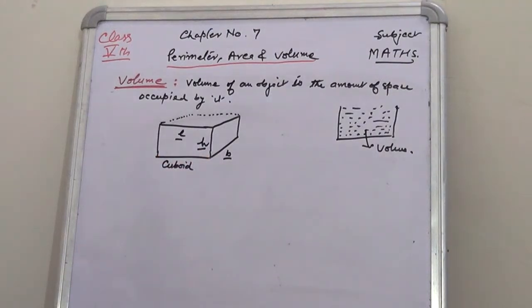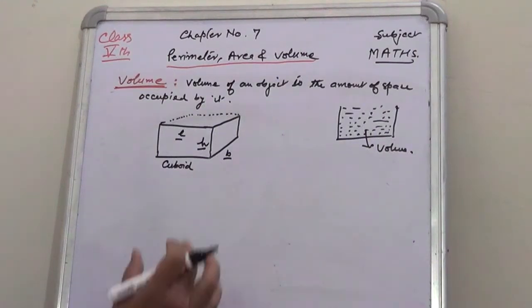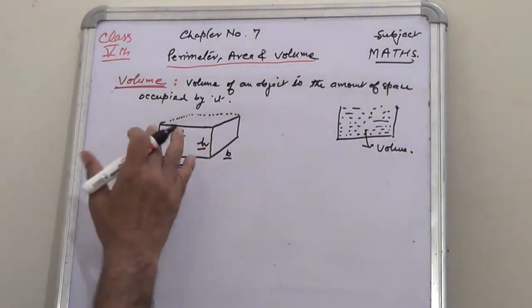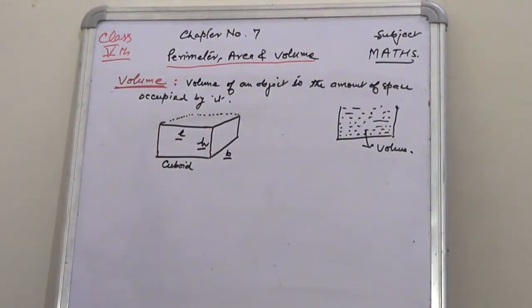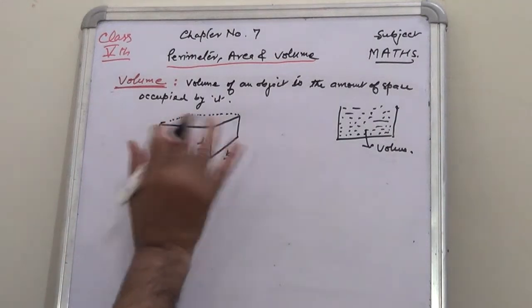So volume is generally applicable to objects which have length, breadth and height. It is a three-dimensional structure, and the space occupied by that three-dimensional structure is called the volume of that object.